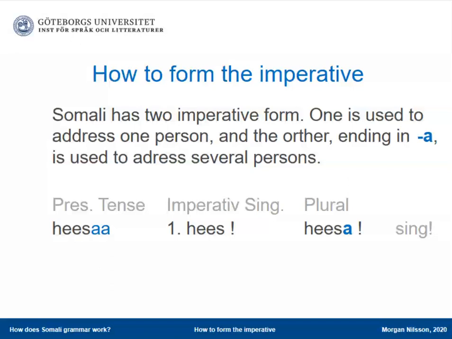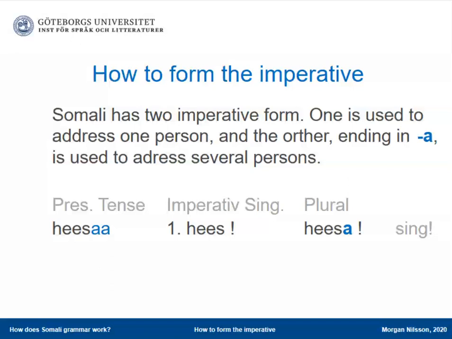Well, we already said that the Somali imperative has no ending. That was a little bit simplified because that is true only for the singular form of the imperative. That is the form that you use when you address one person. So if you want to give a command or an order to one person, you drop any kind of ending and you have just the stem hes.